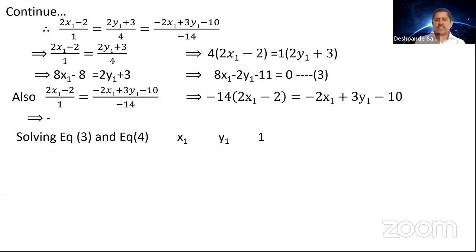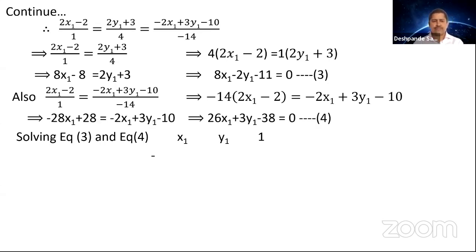Bring minus 28x1 to the right-hand side: 28 minus 2, which is 26x1, plus 3y1, and plus 28 goes to the right-hand side, becoming minus 10 minus 28, which is minus 38, is equal to 0. So you got another equation in terms of x1, y1. Children, solve these two equations and get the values of x1 and y1.